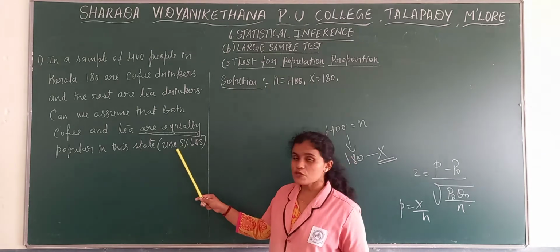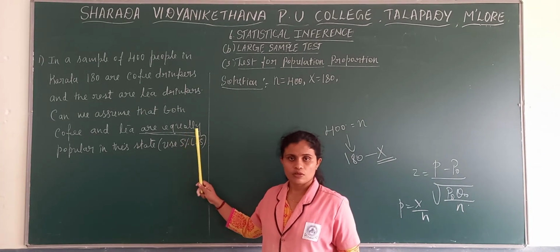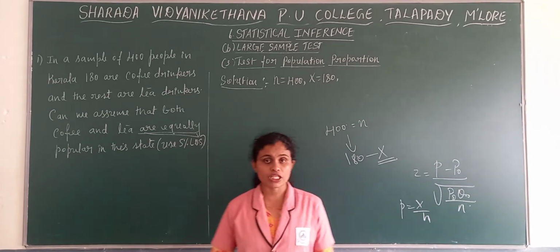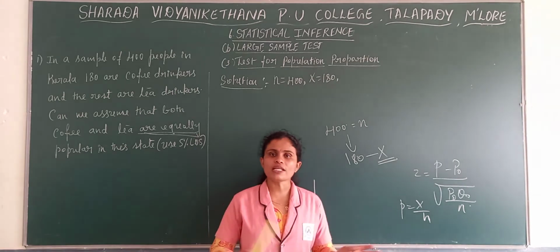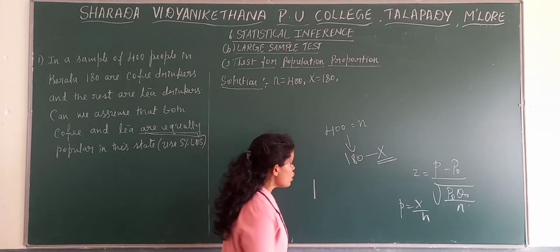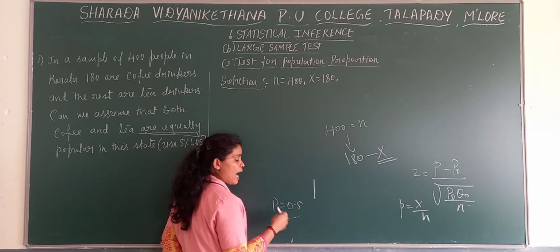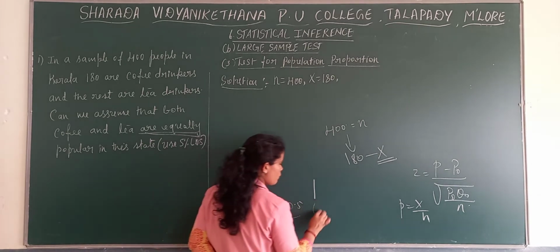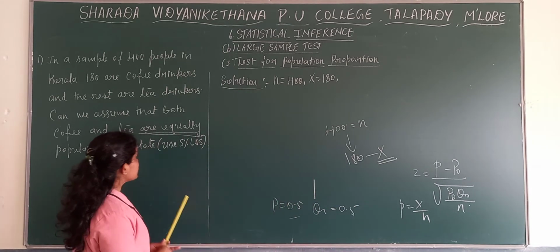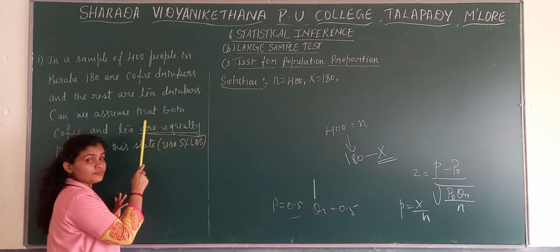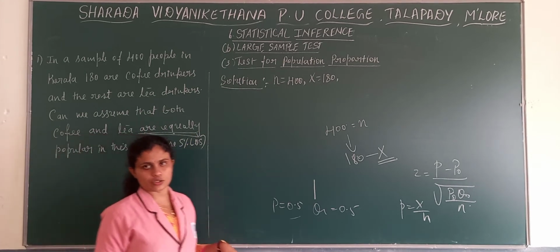Then what is the value of P0? In this question they have mentioned the word equally. Equally distributed means P and Q, we need to consider P as 0.5, and if P is 0.5, obviously Q will also be 0.5.